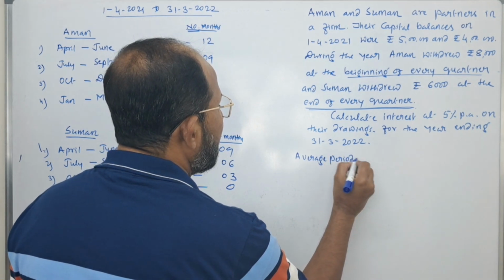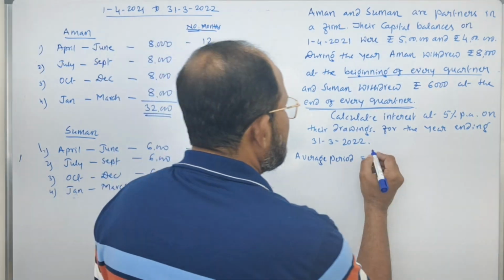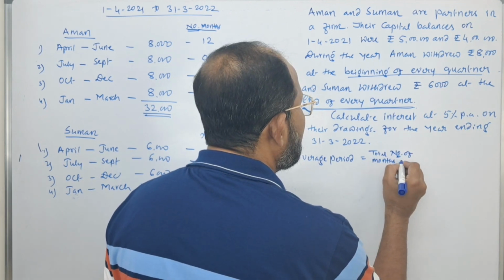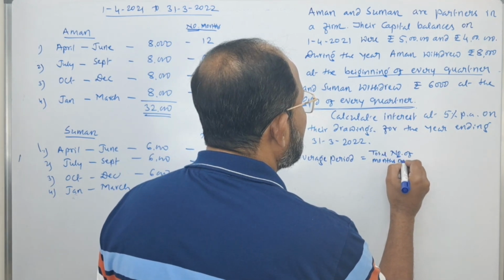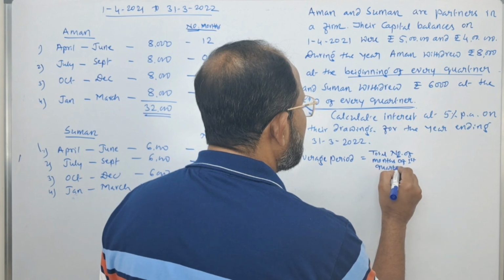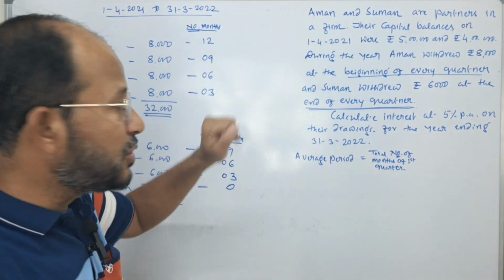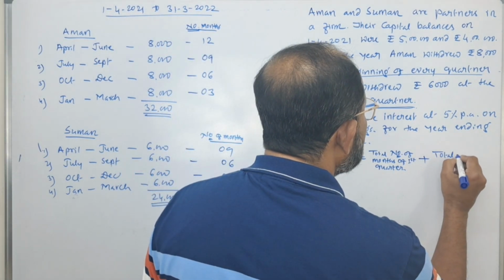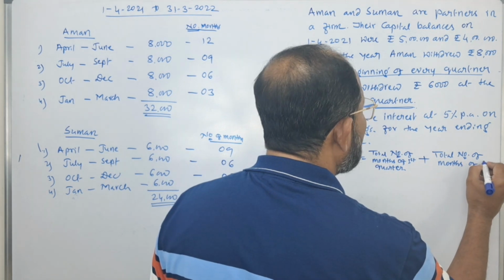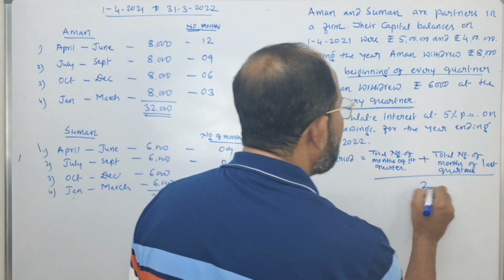Average period is equal to the total number of months for which interest is to be calculated on his first quarter, plus the total number of months for which interest is to be calculated on his last quarter or last withdrawal, you can write, no problem, divided by 2.